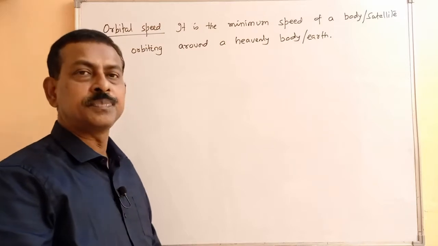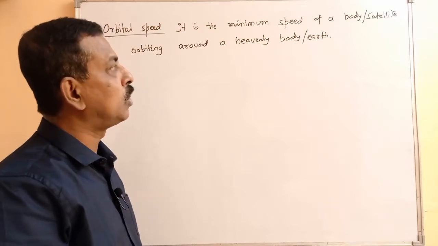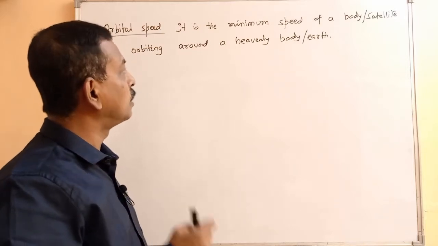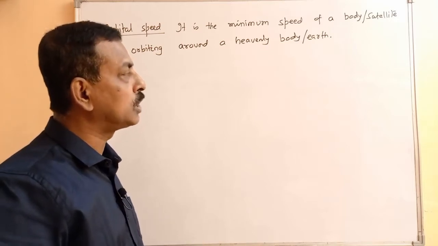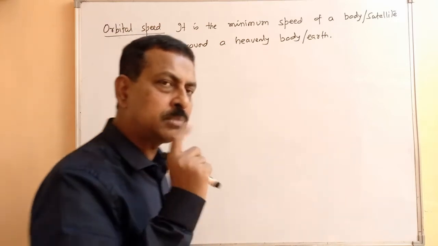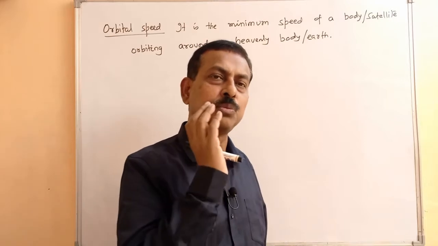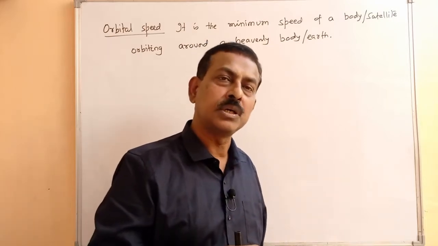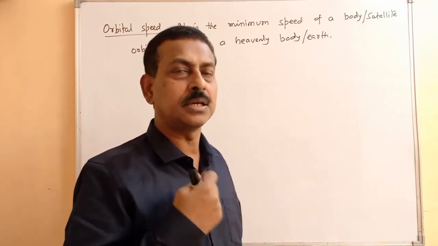Orbital speed. It is the minimum speed of a body or satellite orbiting around a heavenly body or Earth. This is the minimum speed that is to be supplied to the particular satellite or any other body.